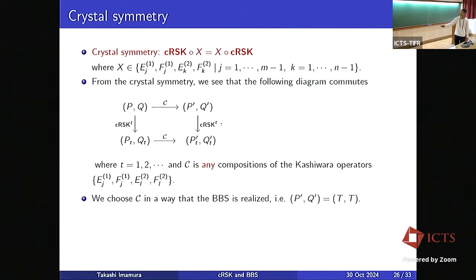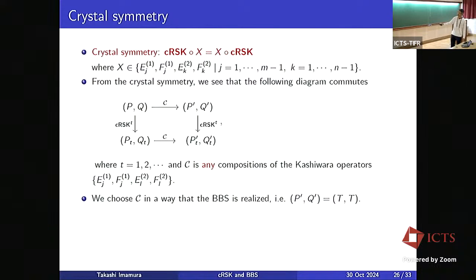Here, this one is the time evolution of the skew RSK, the skew RSK dynamics, and this is also the time evolution of another, the skew column RSK dynamics. And this C is any composition of the Kashiwara operators like this.